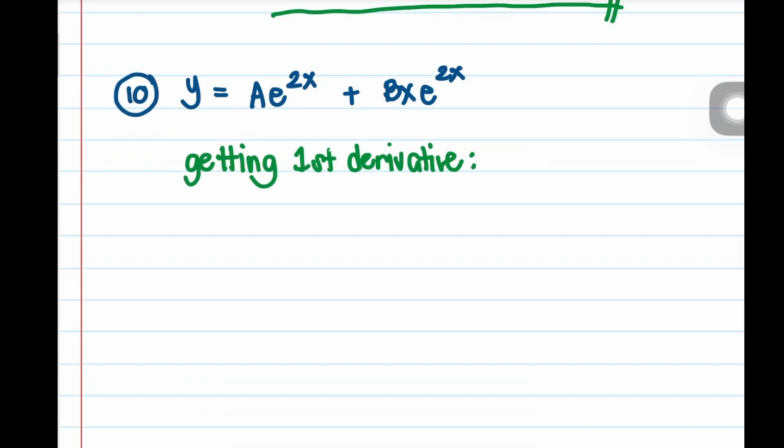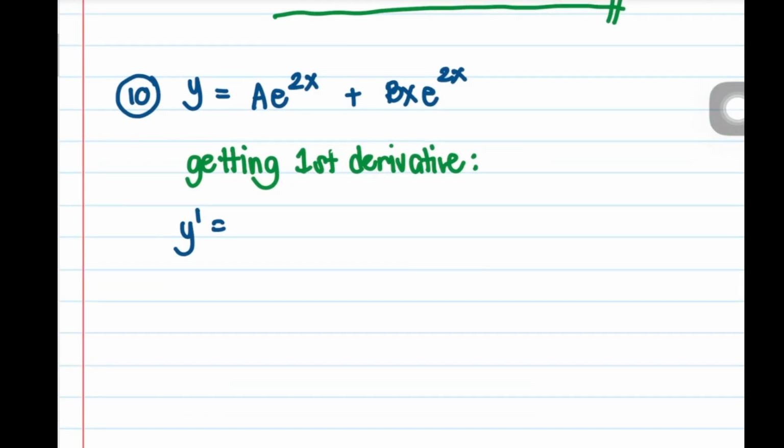So getting the first derivative, we have y prime is equivalent to, since a is constant, let us set aside a, and that will be a multiplied to e raised to 2x. Derivative of e raised to u is e^u du. So the derivative of 2x is 2.